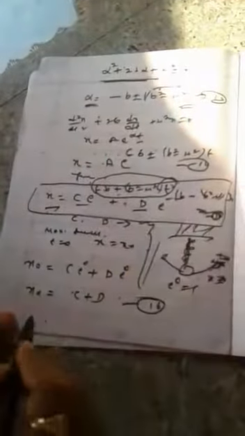Then we will get dx by dt equal to minus b plus root of b square minus omega square into c into e to the power of minus b plus root of b square minus omega square into t, as it is, plus again minus b minus root of b square minus omega square into d e to the power of minus b minus root of b square minus omega square into t. This equation will be there.